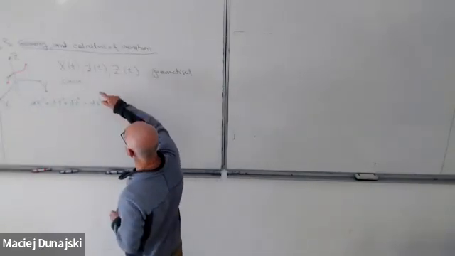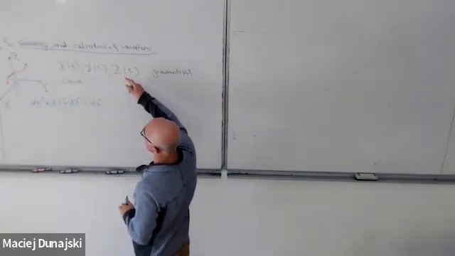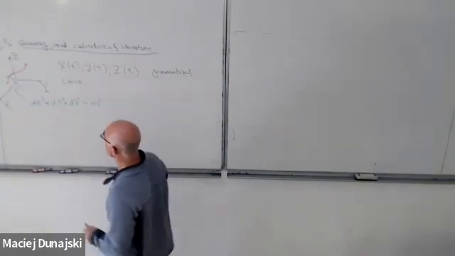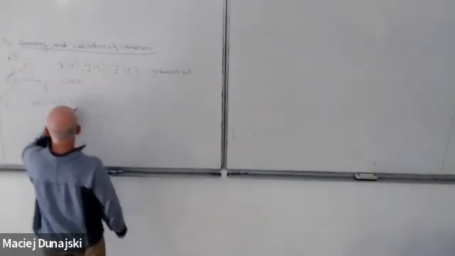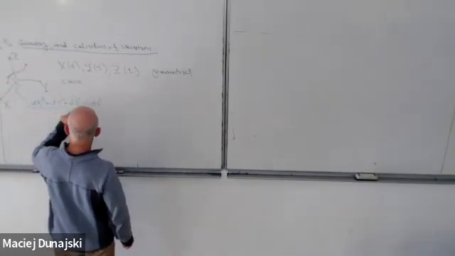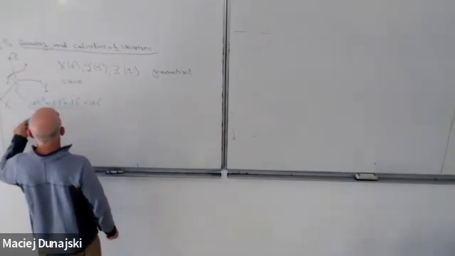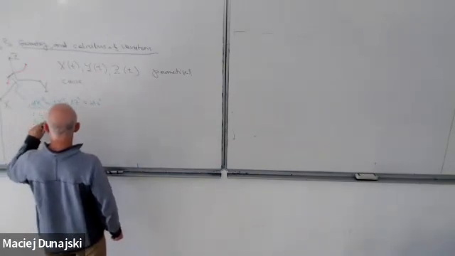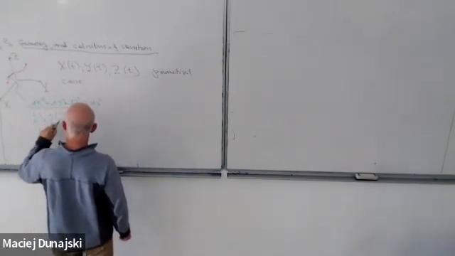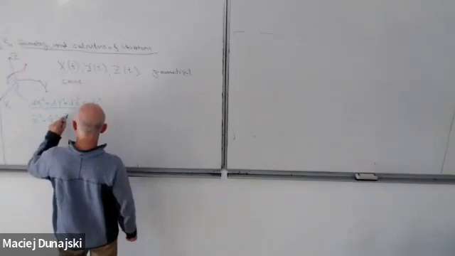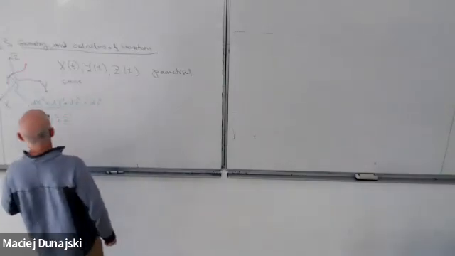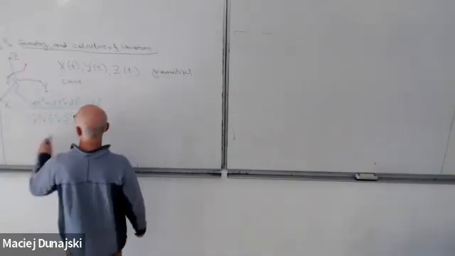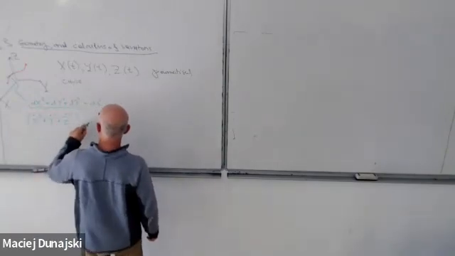If I then substitute x, y, and z to be functions of t in this formula, then this term along the curve becomes x dot squared plus y dot squared plus z dot squared times dt squared.